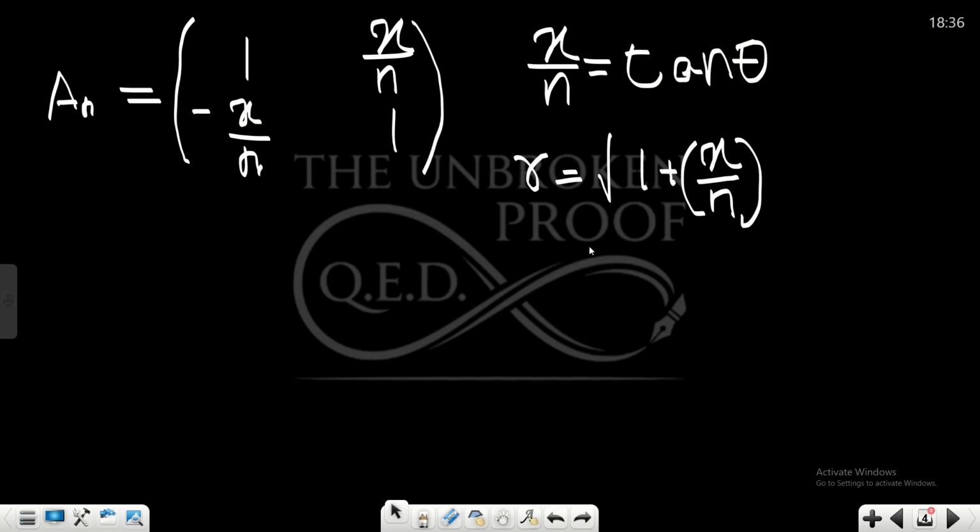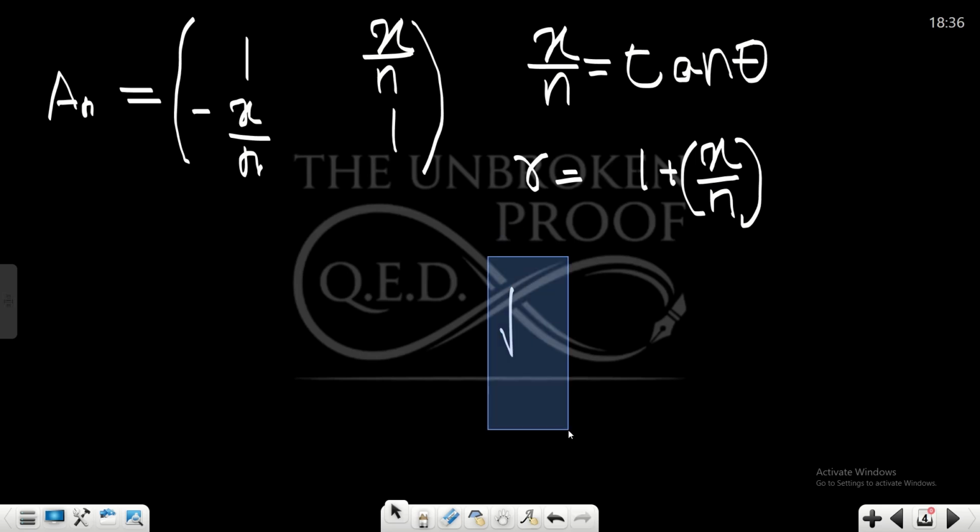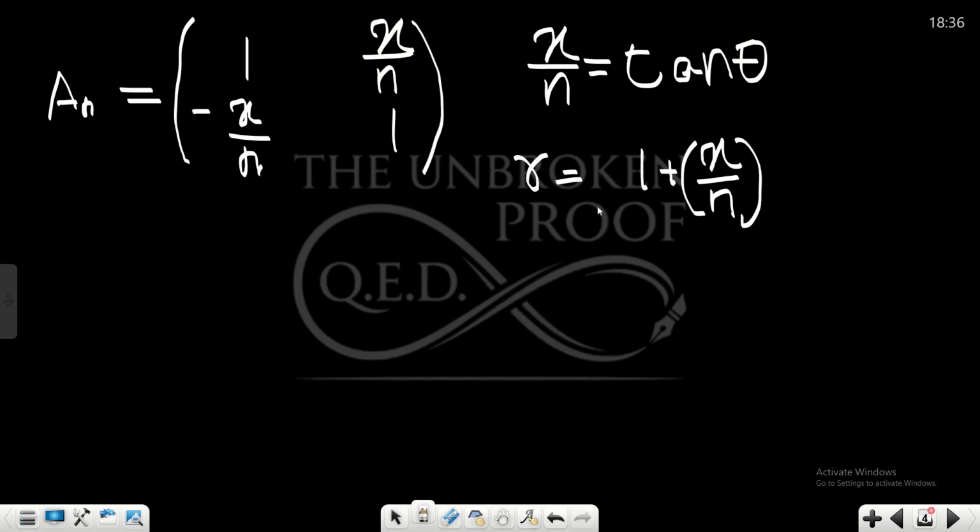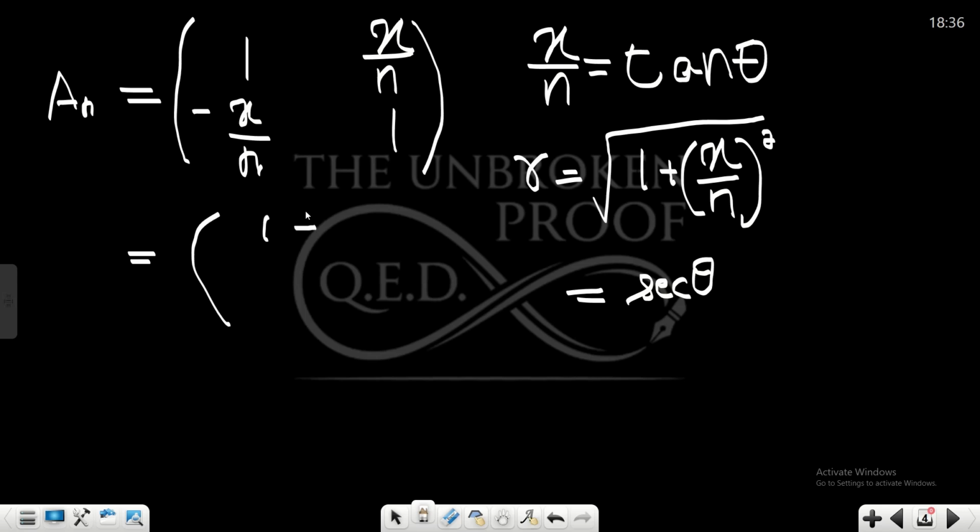If you know complex numbers, you should know all these things. They are very important. So you'll have root of 1 plus x by n whole square, and if you substitute this tan theta over here and simplify, you'll get secant theta. Now we substitute x by n as tan theta, so we get 1, tan theta, which can be written as sin theta by cos theta. Just to save time, I will write it as s by c, and this will be minus s by c, and this will be 1.